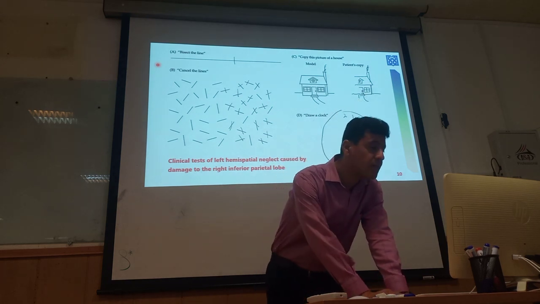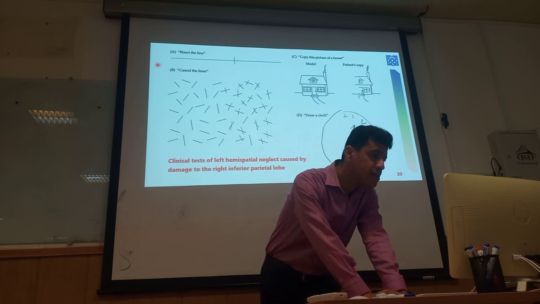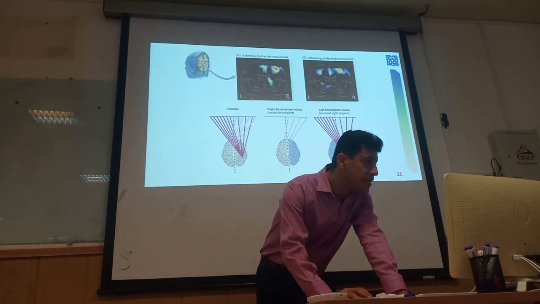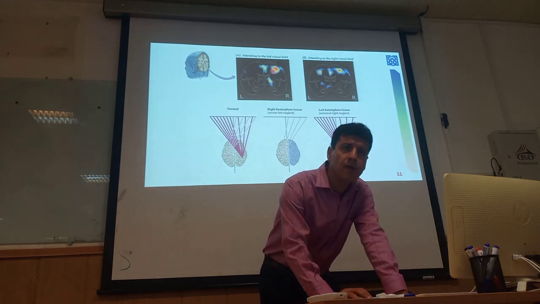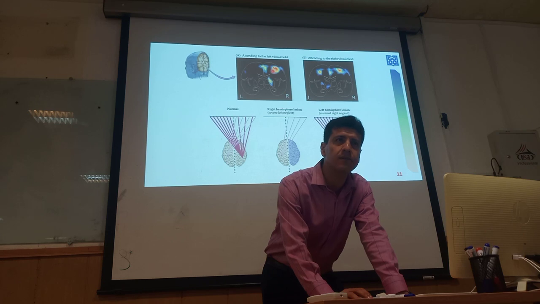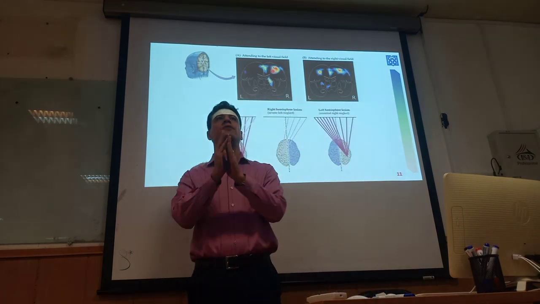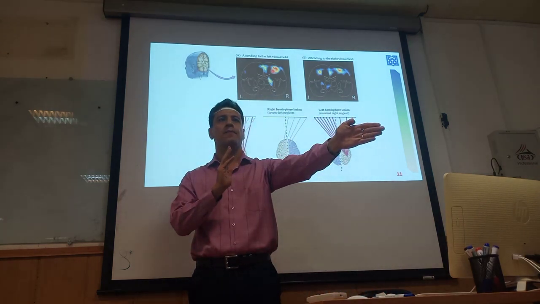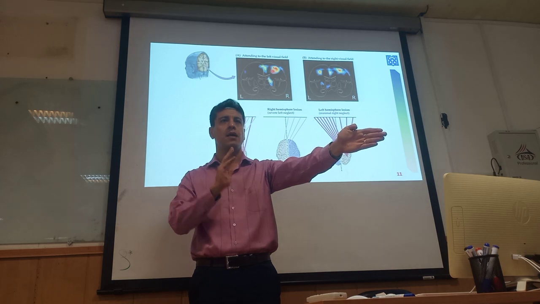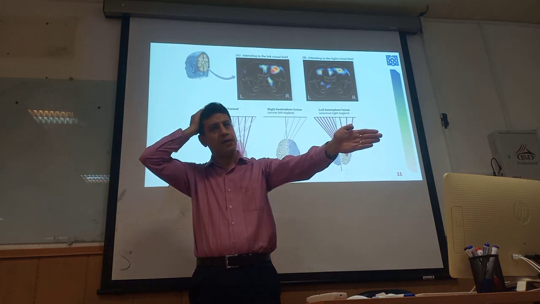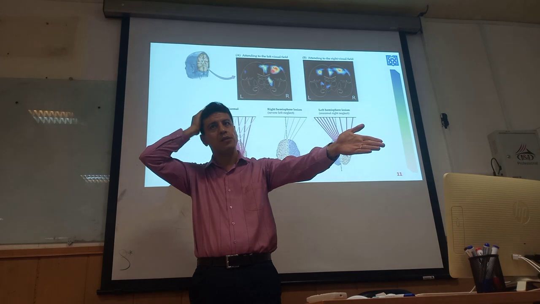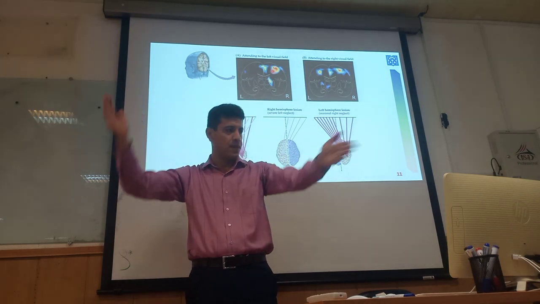Okay, so we were talking about space and attention, right? When you ask a person to attend to the left side, the right side of the brain is activated. So, I want to attend to the left side, okay? This part of the brain is activated. So, the parietal cortex on the right side.